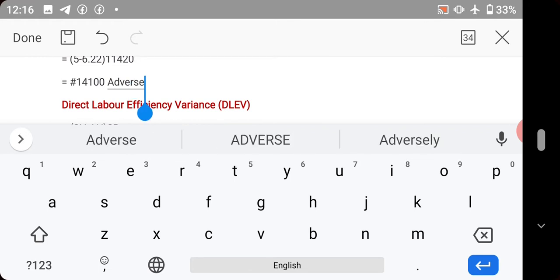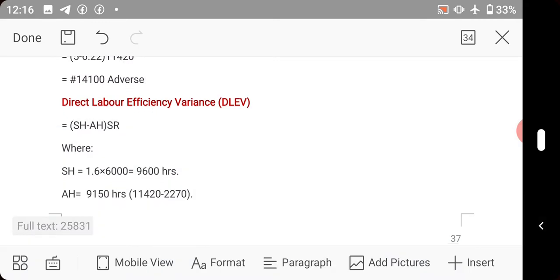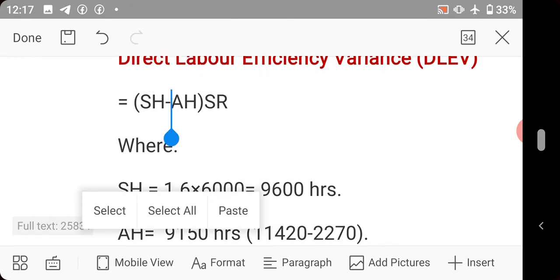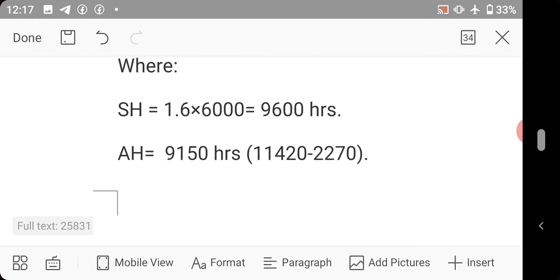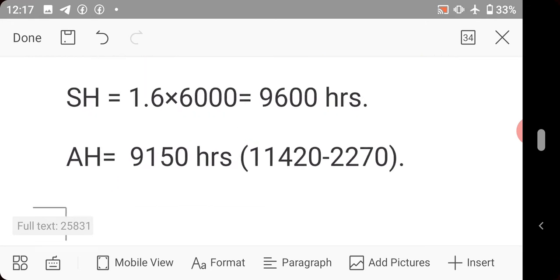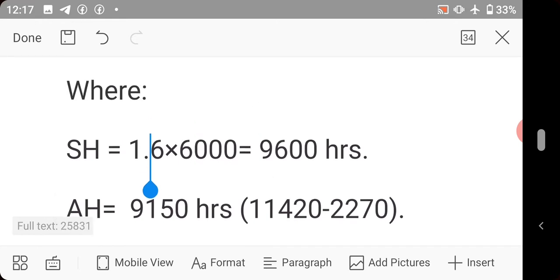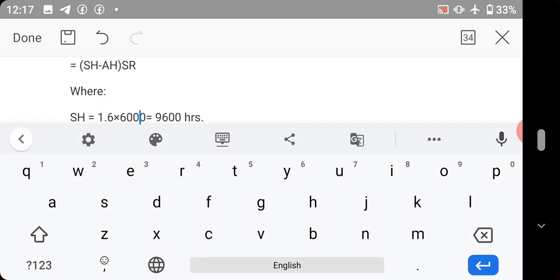Since it is adverse, we move down to labor efficiency. In labor efficiency, the formula is standard hours minus actual hours times standard rate. What is our standard hour? Our standard hour is 1.6 hours, and our actual finished goods produced is 6,000, which gives us 9,600.